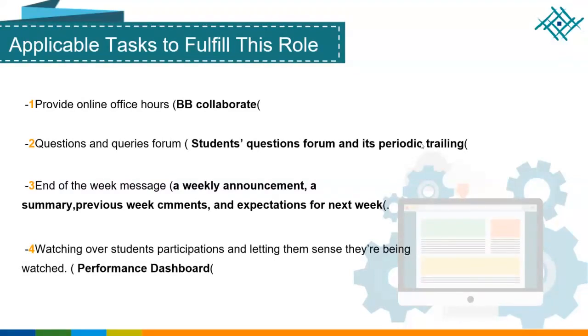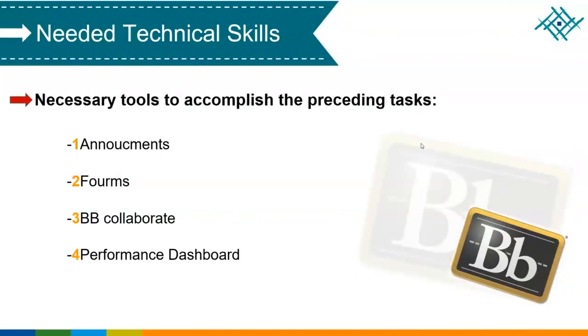Watch over student participation and let them sense they are being watched by using the performance dashboard in Blackboard. The necessary tools to accomplish these tasks are announcements, the discussion forum, Blackboard Collaborate, and the performance dashboard.